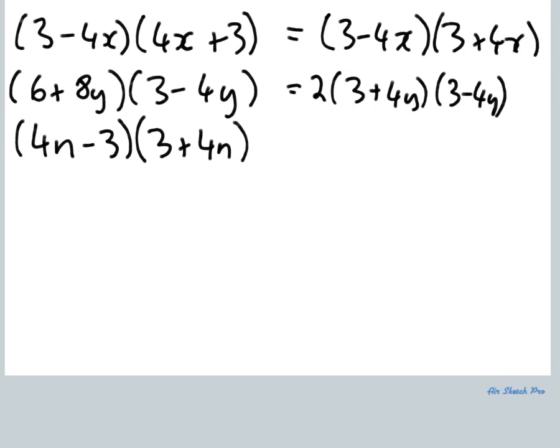It looks like it should fit. There's not much that's wrong there. We've got a 4n term, we've got a 3 term, we've got a subtraction and we've got a plus, but we've got this issue where that first term there, it's around the wrong way.